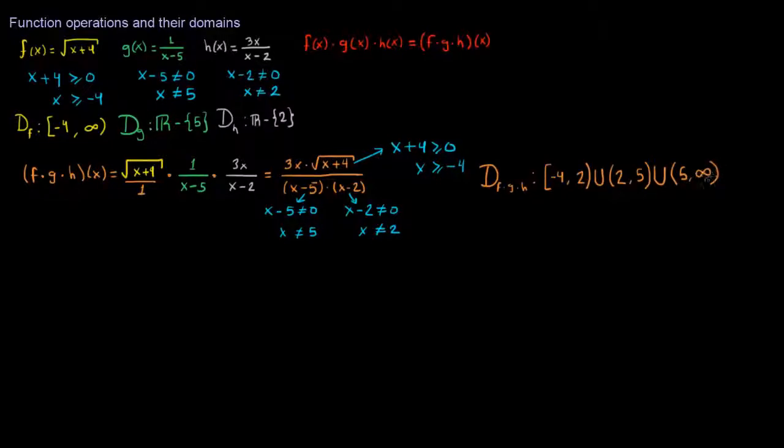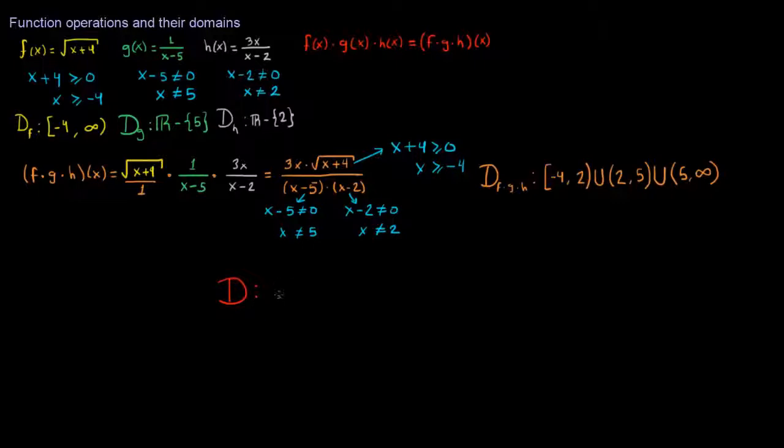So this will be the domain of f times g times h. Now we would have to write the actual domain including the restrictions we found before, but they are already included in this domain. I'm just going to write it below in the center with red, so you notice it.